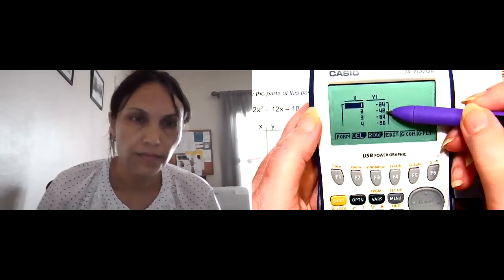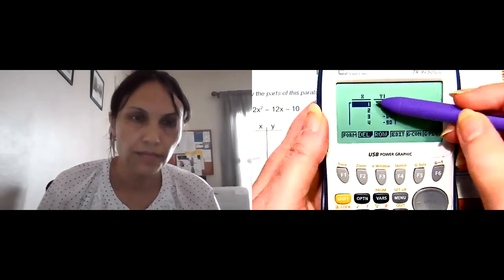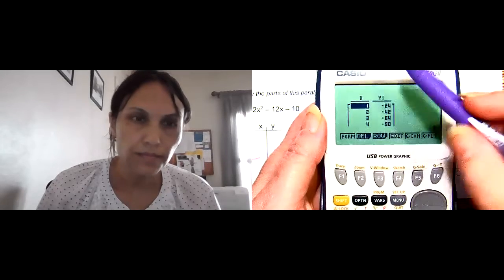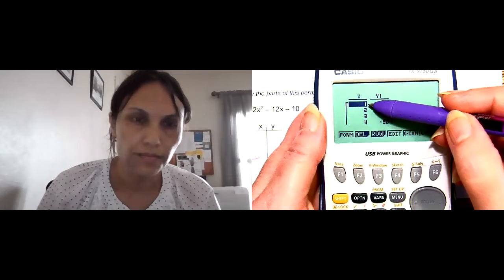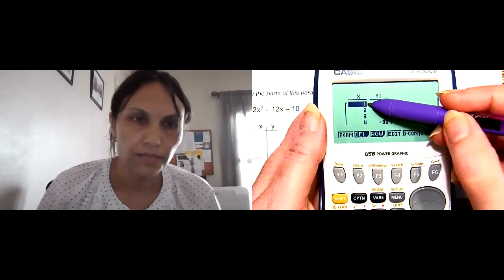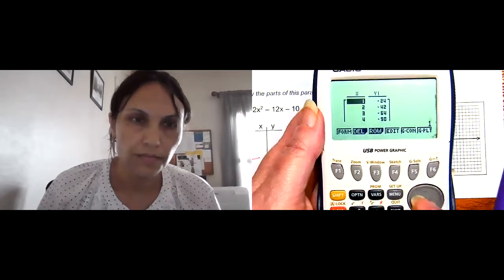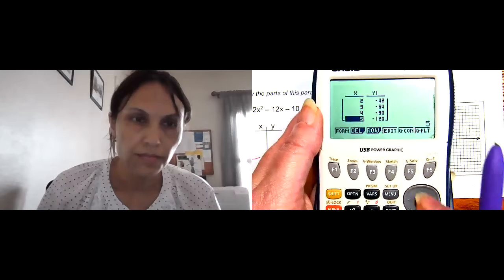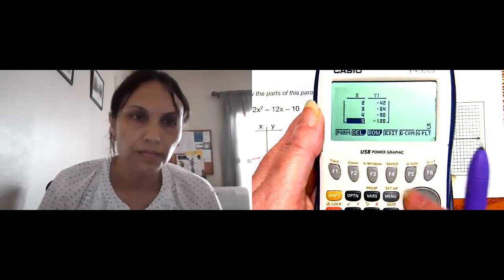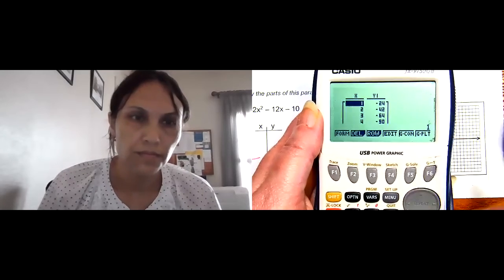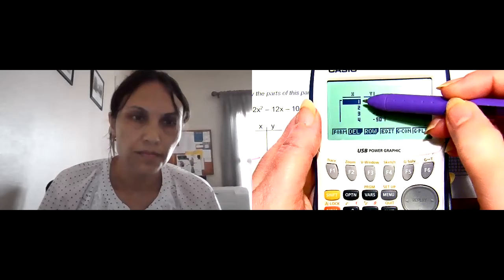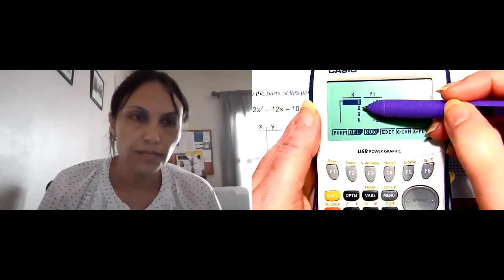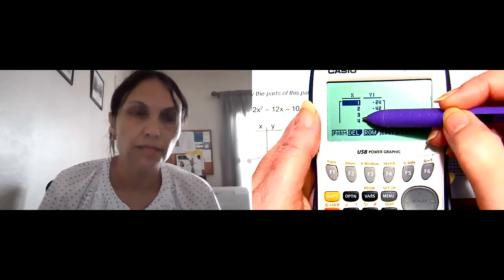It starts at 24 and they get bigger. On the Casio, when you push table, it's always going to default to 1, 2, 3, 4. And if you go down, you can see 5, but that's as much as it's going to get. So when these don't work, then I want to try -1, -2, -3.